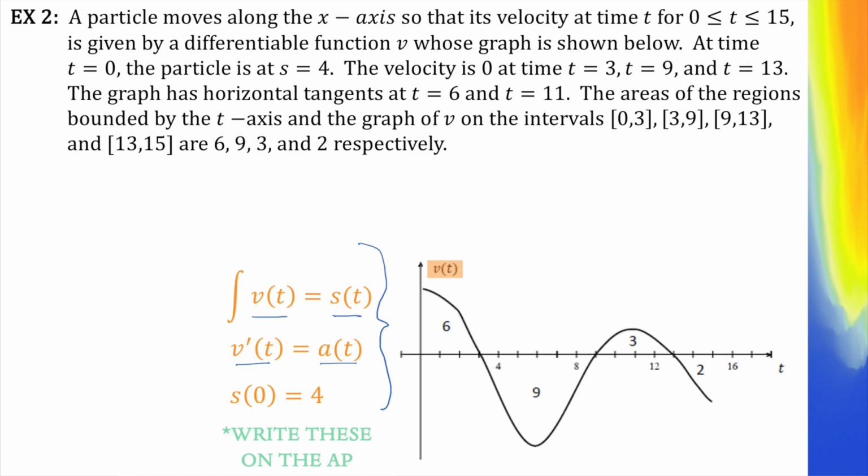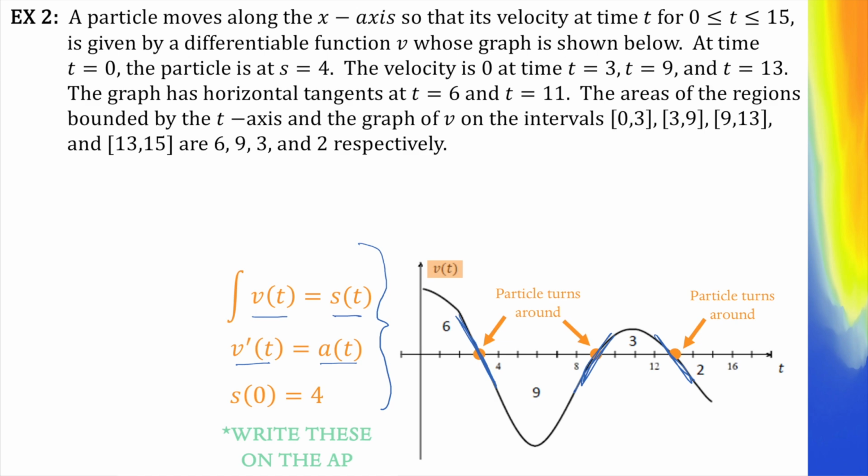Okay, let's keep reading. Where are we? The velocity is 0 at times t equals 3, t equals 9, and t equals 13. And because the graph is crossing through the x-axis at those times, that's when we know our particle turns around.